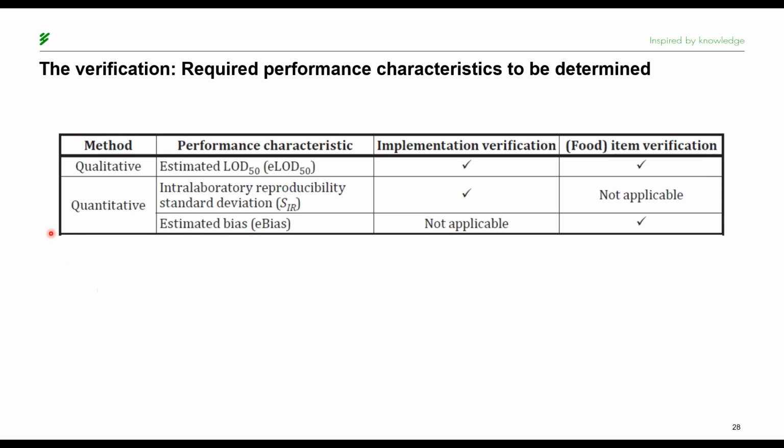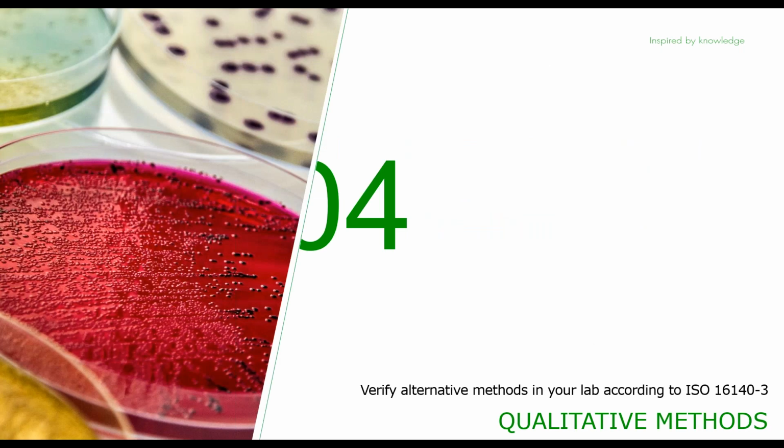And for quantitative methods, we have 2 characteristics to be determined. The intra-laboratory reproducibility standard deviation that only applies to the implementation verification, and the estimated bias that only applies for the food item verification. So that is what we will see now, how to determine each of these performance characteristics, and we will begin with the one required for qualitative methods.